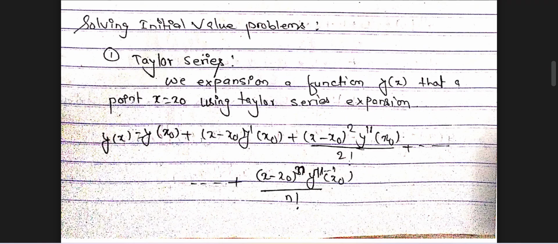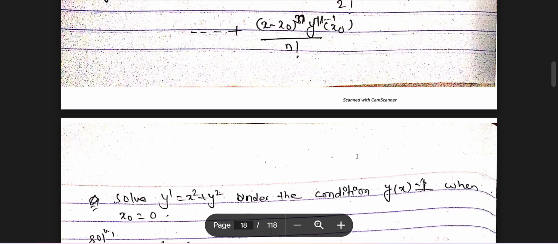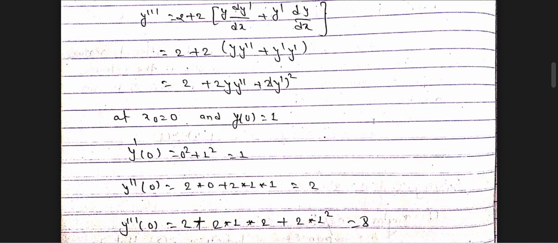Solving initial value problems by the Taylor series: we express the function y(x) by its expansion at the point x equal to x0 using the Taylor series. For the example y1 = x squared plus y squared, differentiating gives y2 = 2x plus 2y y1, and y3 = 2 plus 2y y2 plus 2 y1 squared, evaluated at x = 0 and y = 1.